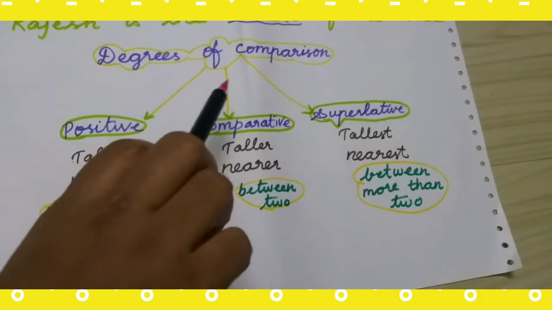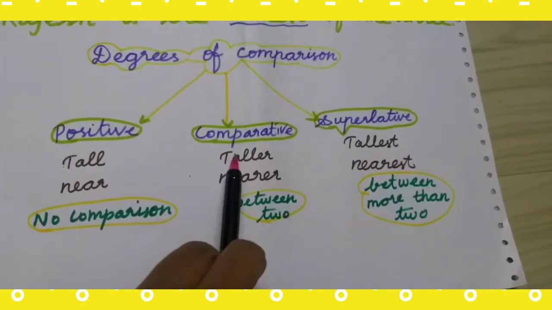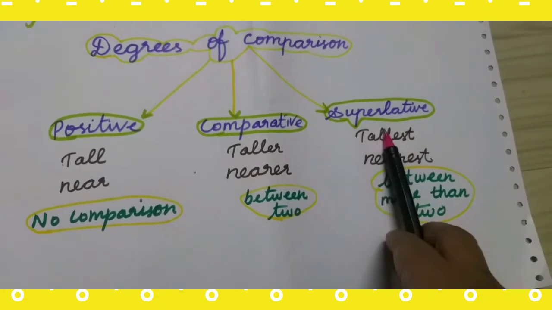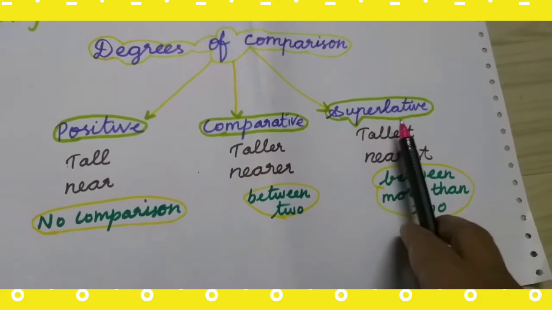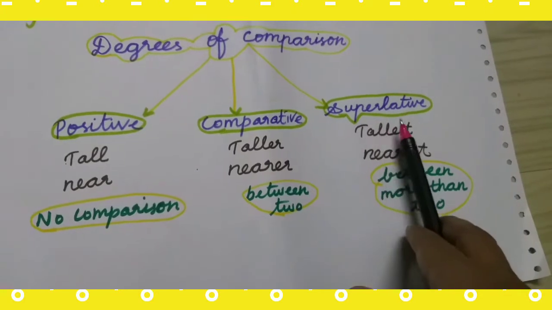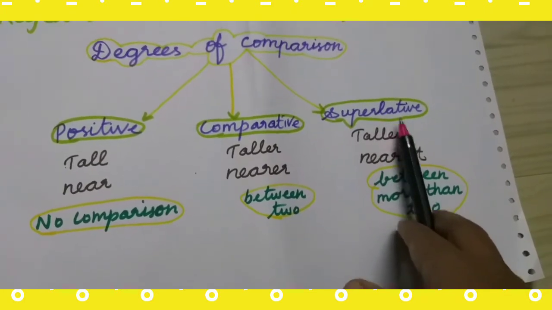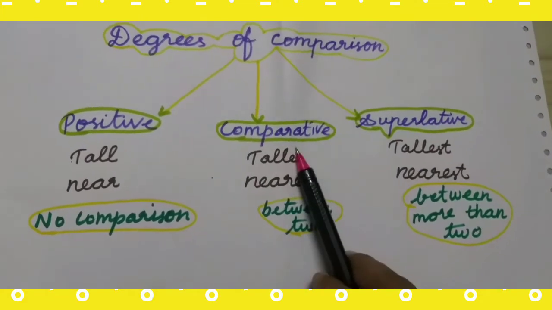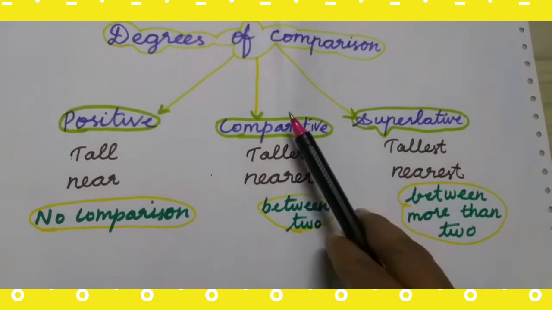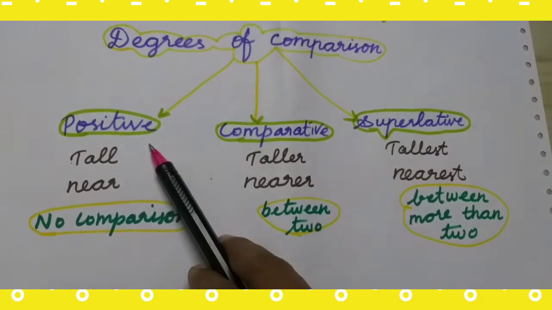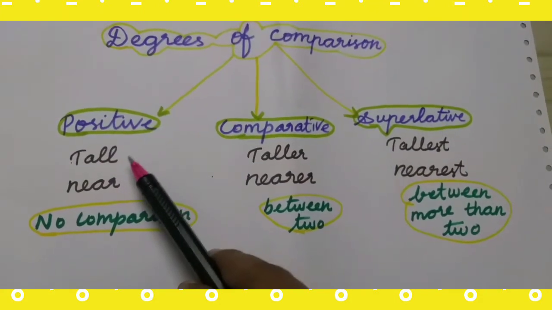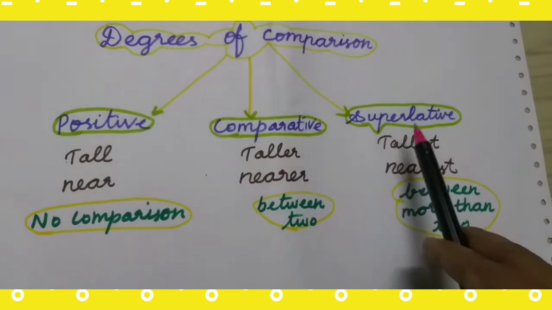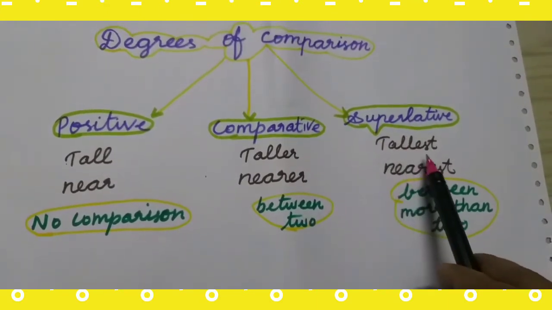And the superlative degree is used for more than two persons, more than two things, more than two groups. So tall, comparative er, and superlative est.